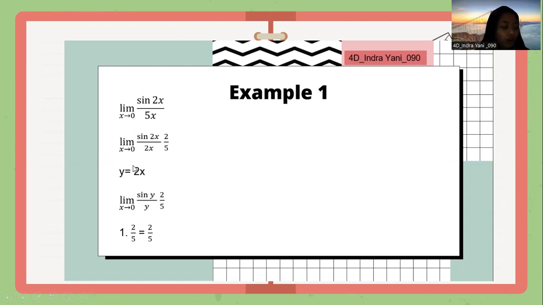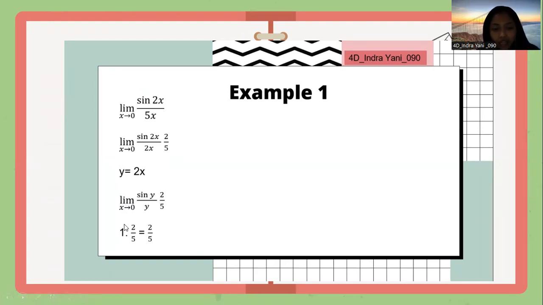Then we suppose that y equals 2x. When we suppose that, we have the new function: the limit as y approaches 0 of sine y divided by y, multiplied by 2 divided by 5.